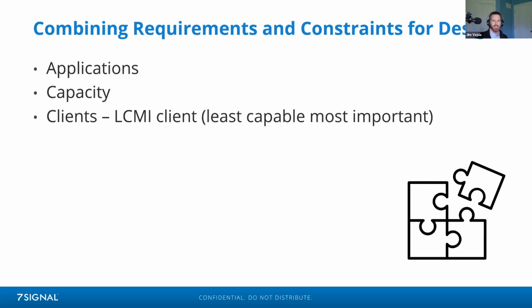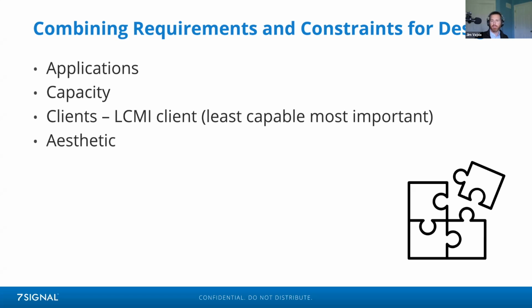An important concept here is the LCMI client, the least capable, most important client. So if your voice handset is a 1x1 802.11a radio, that's your LCMI. And you have to design with it in mind, because it's got the most demanding application on it. And it's got kind of the least capabilities, perhaps, of your clients as well.